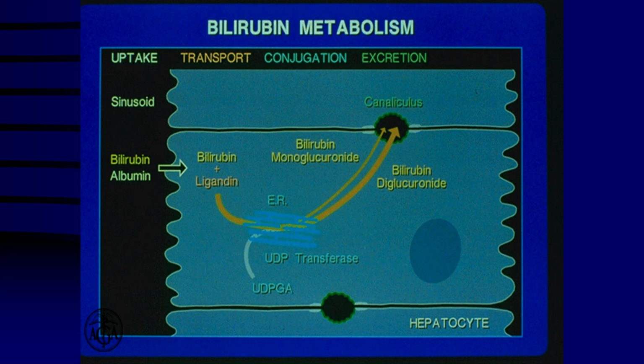Urobilin in urine is what gives urine its yellowish color. Whatever is left of bilirubin in the intestine or of urobilinogen is further metabolized by gut bacteria into stercobilin, and stercobilin is what gives your stools their brown color.